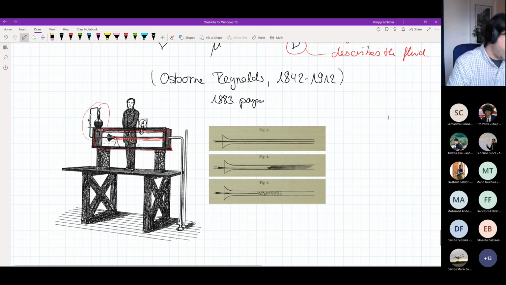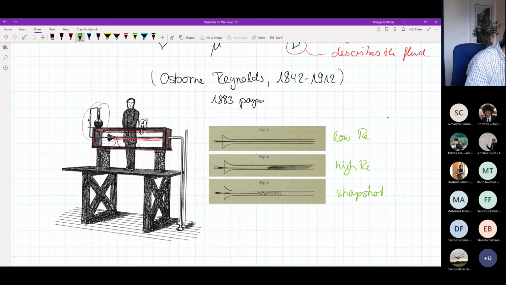These are three pictures taken again from this paper. This one was taken at a low Reynolds number, and this one was taken at a high Reynolds number. And this one was a snapshot, with a short exposure time.